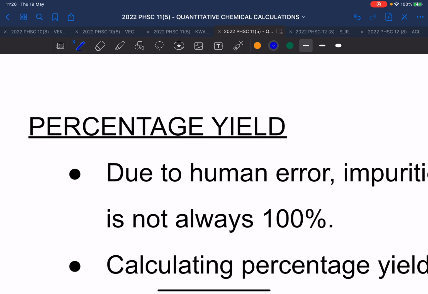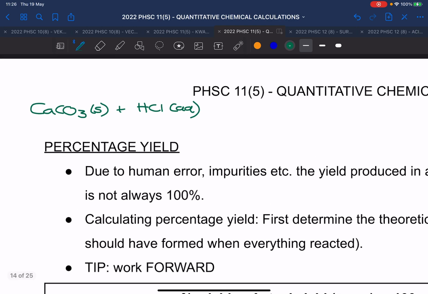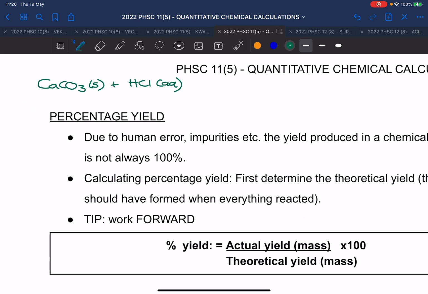Alright, now when you add these two things together, I'm just going to write it here for you. You have calcium carbonate, the solid, the powder. You add hydrochloric acid to it. Then that gives you calcium chloride.